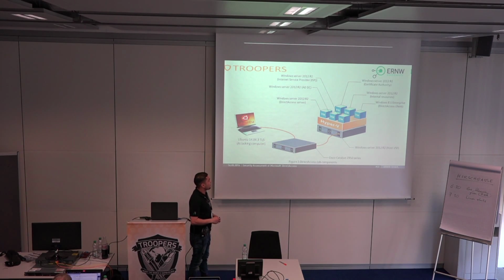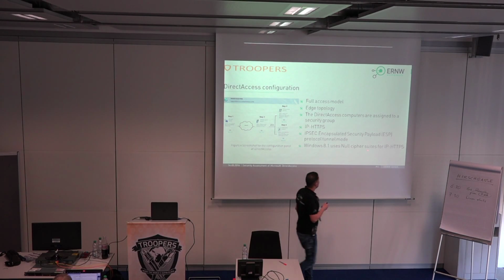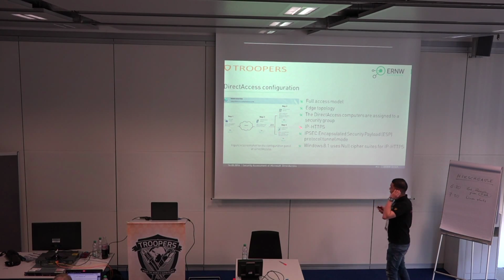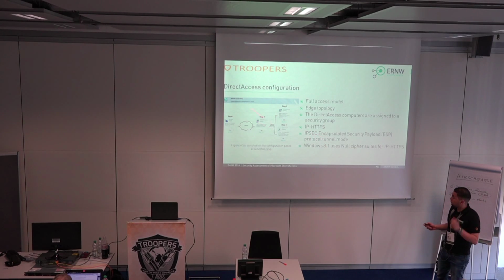So the configuration is just the default configuration of DirectAccess when you just follow the wizard. But I used different scenarios for the IP-HTTPS, since the default configuration of IP-HTTPS doesn't use any authentication mechanism.